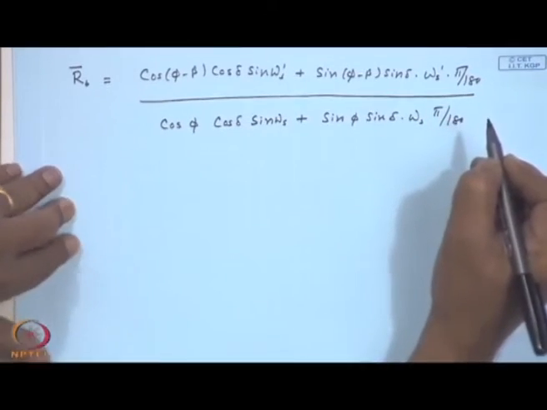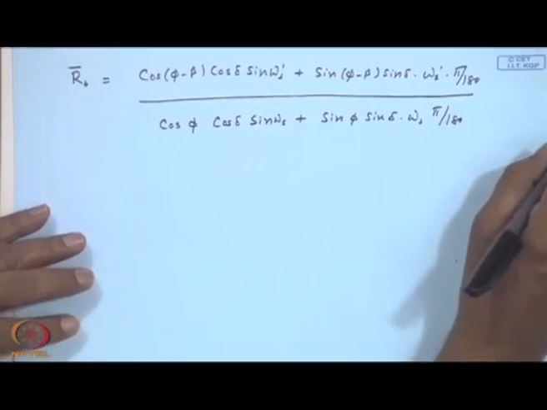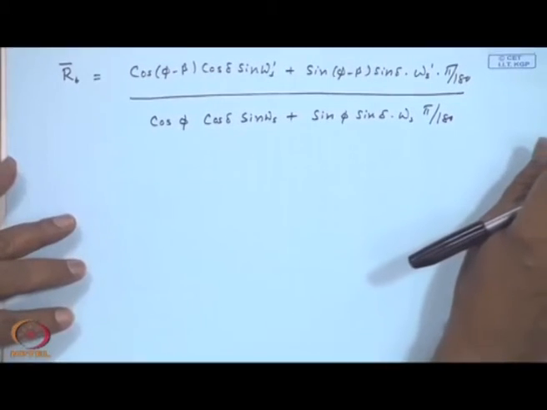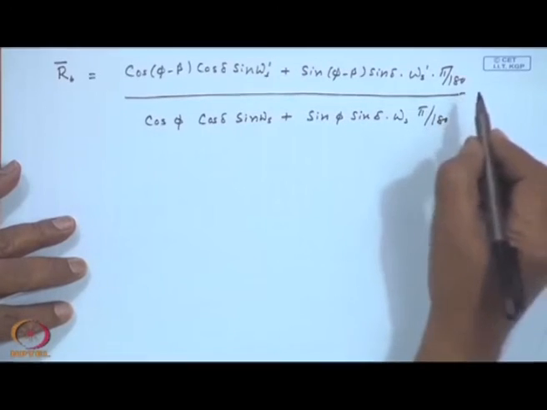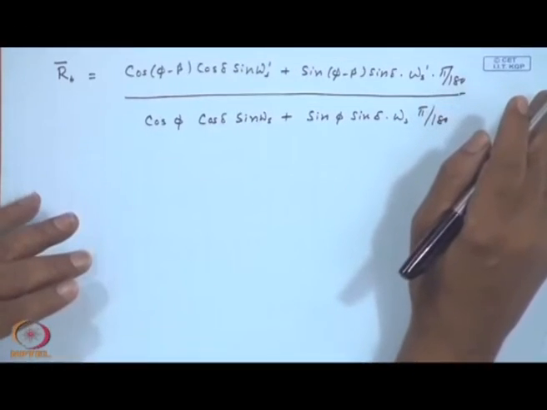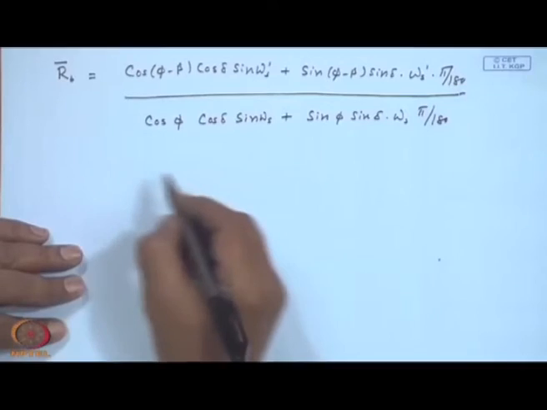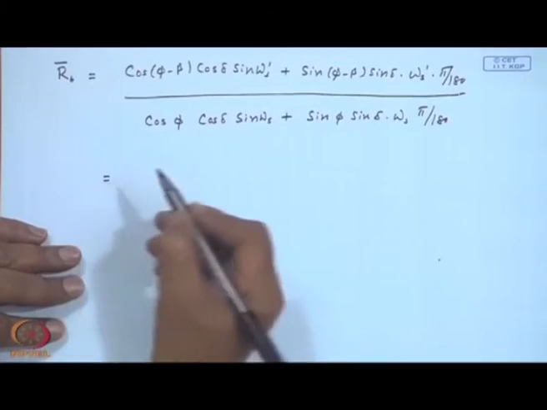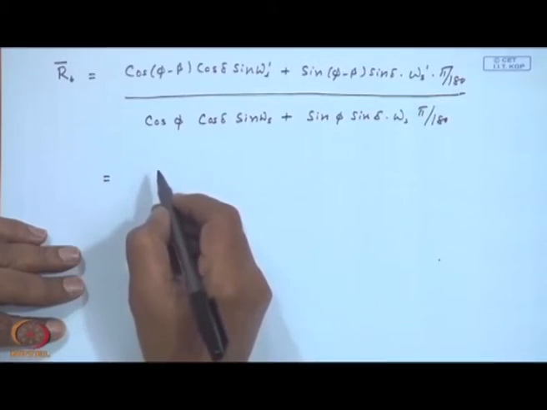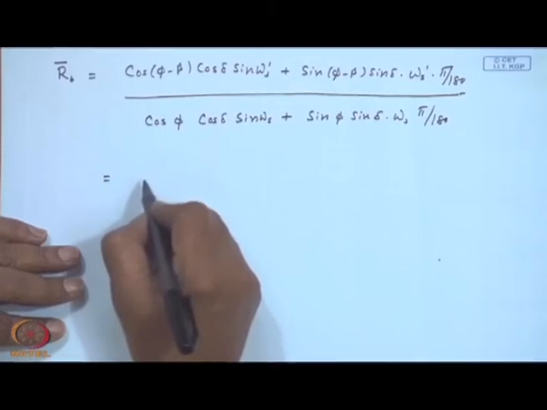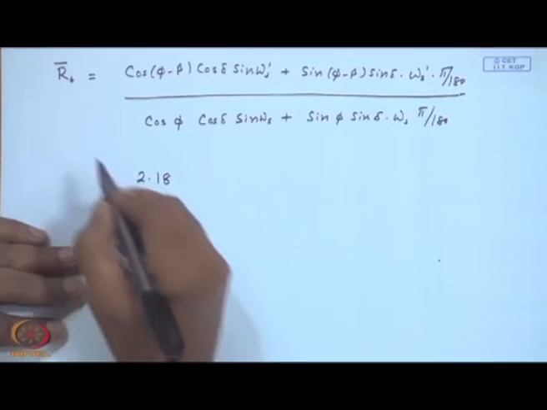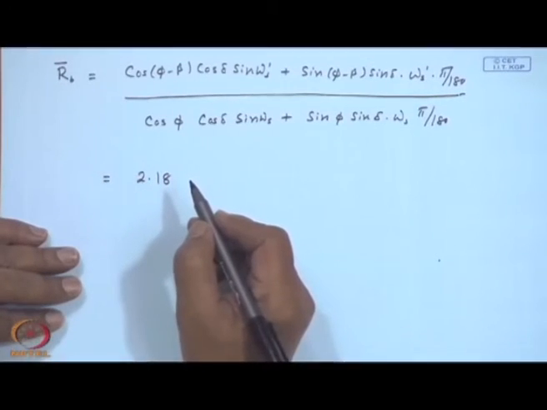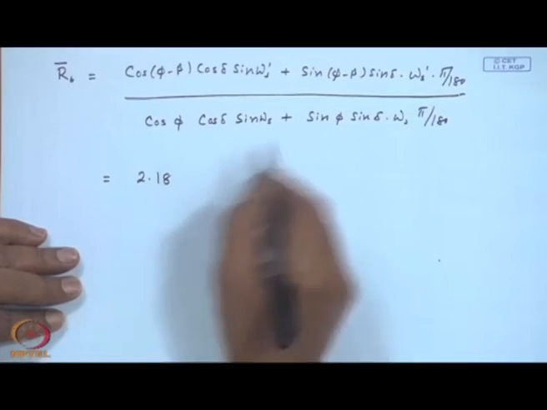At some places it is written as 2 pi by 360 and at other places as pi by 180, by me as well as in books. So do not worry, pi by 180 is exactly the same as 2 pi by 360. This will be 2.18, if you want the numbers that you can easily calculate.